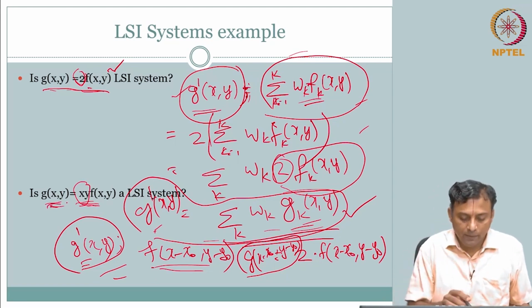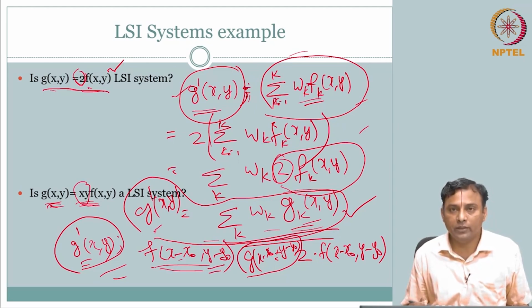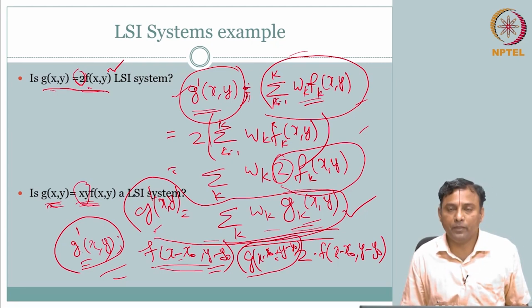So, for example, if I do a shift of input, f of x minus x naught, y minus y naught. If that is my input, let us say I get g dashed of x comma y. This is my output.